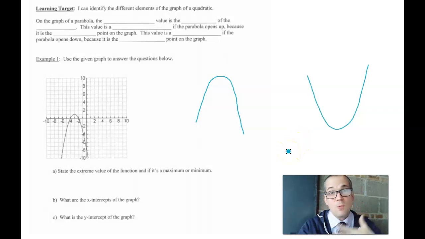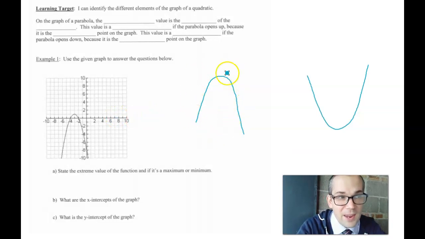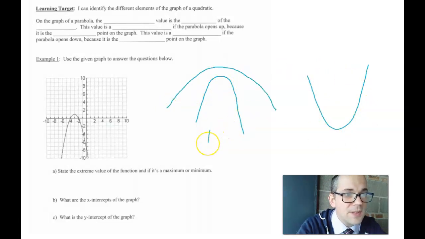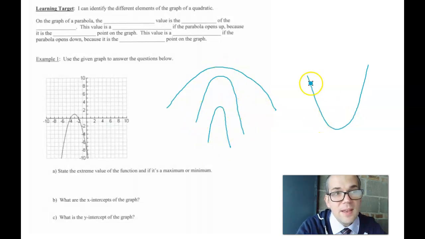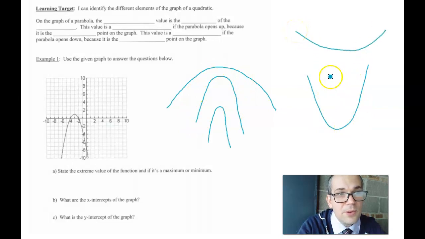And if we just think about what those words typically mean, we can probably guess this guy would have a highest value, or a maximum, and this guy would have a lowest value, or a minimum. And it doesn't matter how wide I draw them, or how skinny I draw them. If they open down, they're going to have a max. If they open up, they're going to have a min.